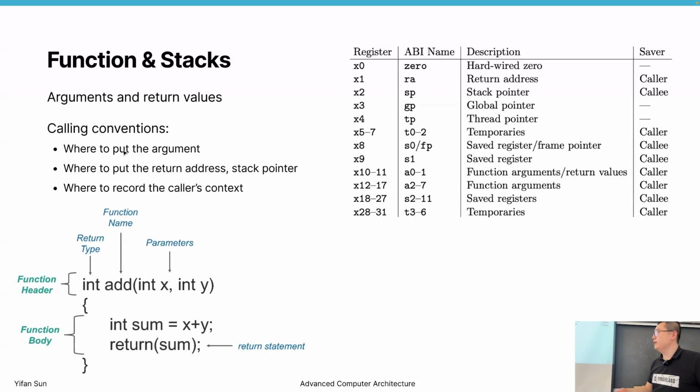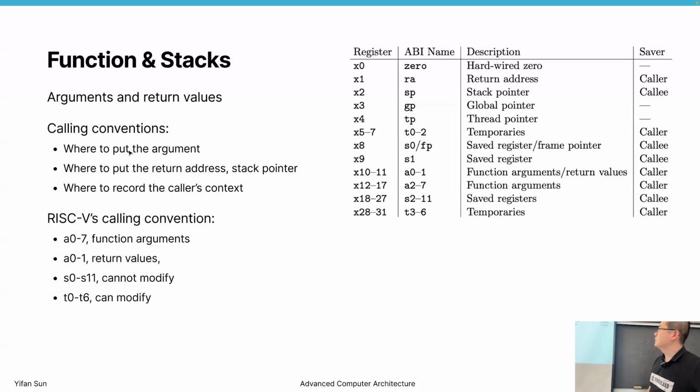Either use memory, or you can just say, oh, I'm fine with using A2 to A7 also as return values. Now, even that, you only have 8 return values. What about if the user wants to write more? Right. So RISC-V calling conventions are: A0 to A7 are function arguments, A0 and A1 are return values. We'll talk about the S and the T values later.